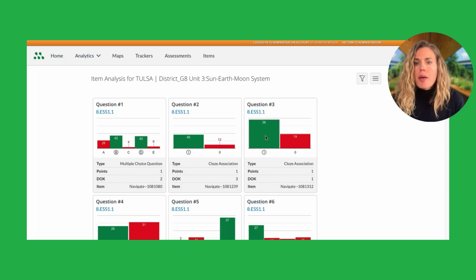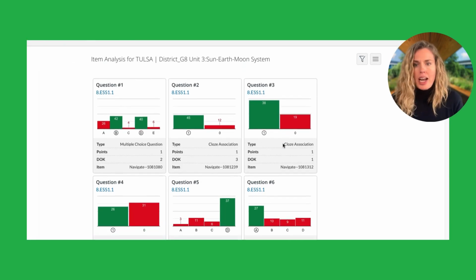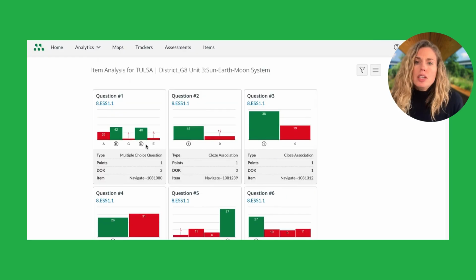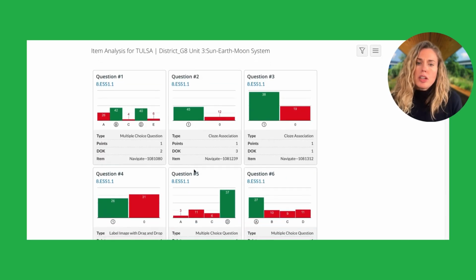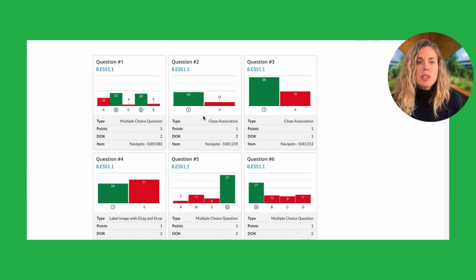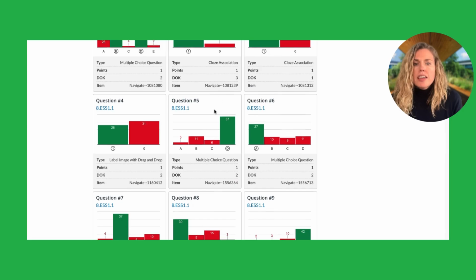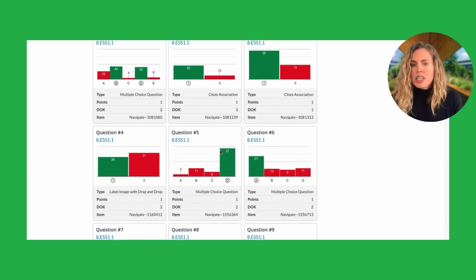So when I look at my Mastery Connect data here for my item analysis, I'm going to focus on my standards ESS 1.1 and PS 2.2. So if I look at ESS 1.1, you're going to look through all of these questions and see which ones had the highest miss rate so that you can start to figure out the areas of misunderstanding around our students' knowledge. So you'll have to analyze each question. Notice ones with really high miss rates.